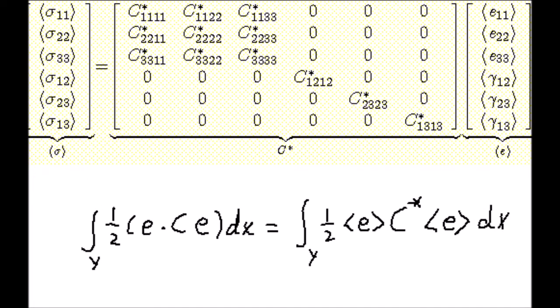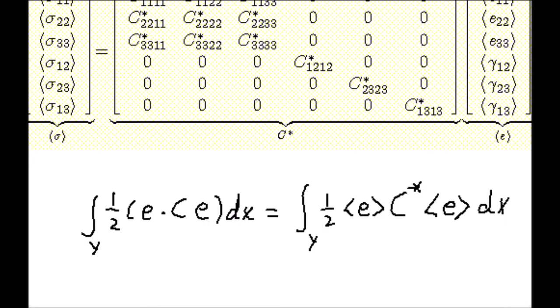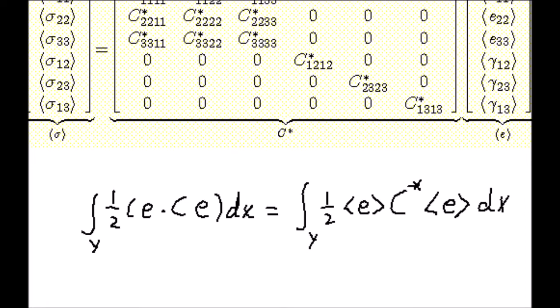The latter integral, which is the energy inside this representative volume element, is the integral over a constant function. All the variables here are constant, so we can just integrate it.